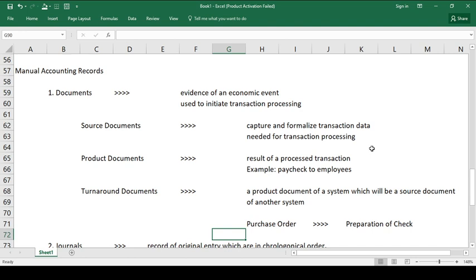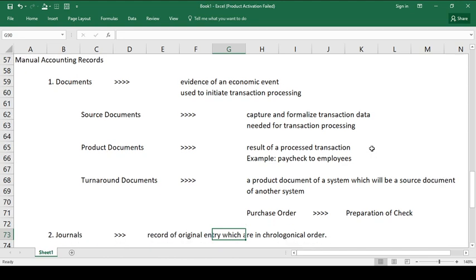Okay? So, yun po yung sinasabing turnaround documents. A product document of a particular process or system which will be a source document of another process or system. So, we have three different documents: the source document, the product documents, and turnaround documents. Okay? Iba-iba po ito. These are documents pa rin, kaso iba-iba po ang ibig sabihin.